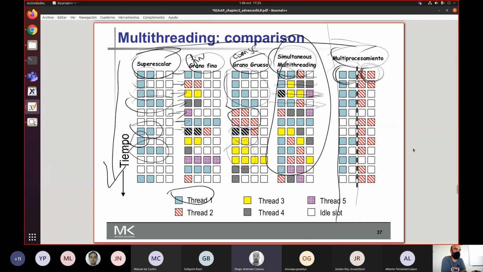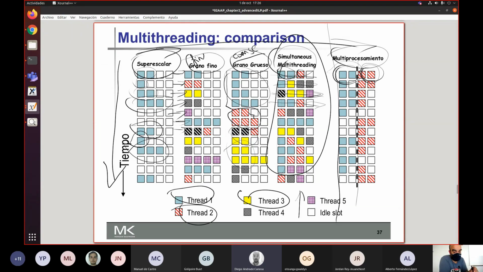Yes. For 2 and 3, that's the point of having multi-thread. I don't see the point of having multi-threads if you don't execute at the same time.